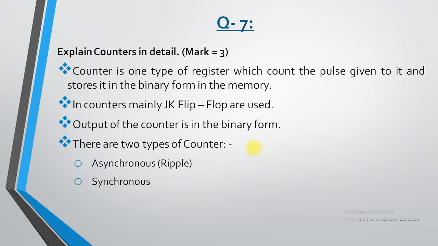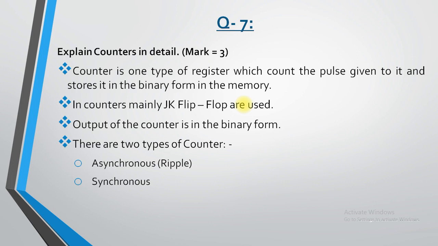Data will be stored in memory as either 0 or 1. Now, counters are generally used with JK flip-flops. Keep this point in mind, because in the 1 mark question it can be asked which type of flip-flop counters are mainly used with. So counters are generally used with the JK flip-flop.